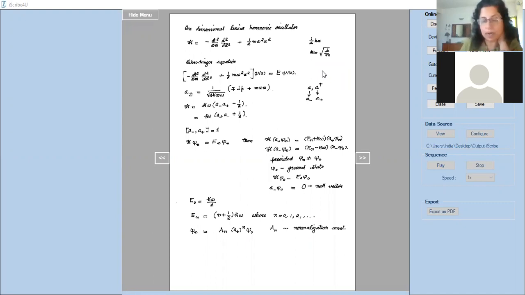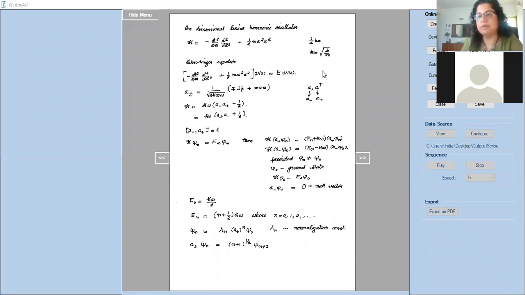Apart from this, what do we need to remember? The action of A plus. So A plus acting on psi n, what will it give you? It will give you n plus 1 to the power of half, and then you will get psi n plus 1.